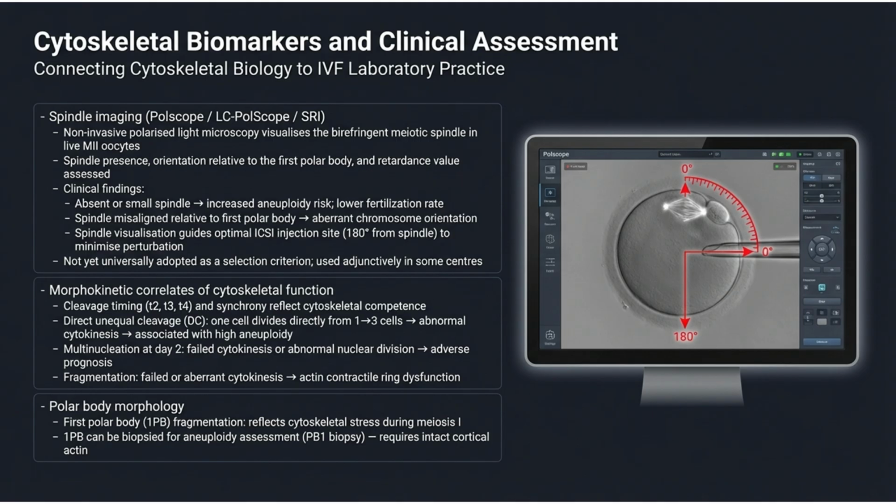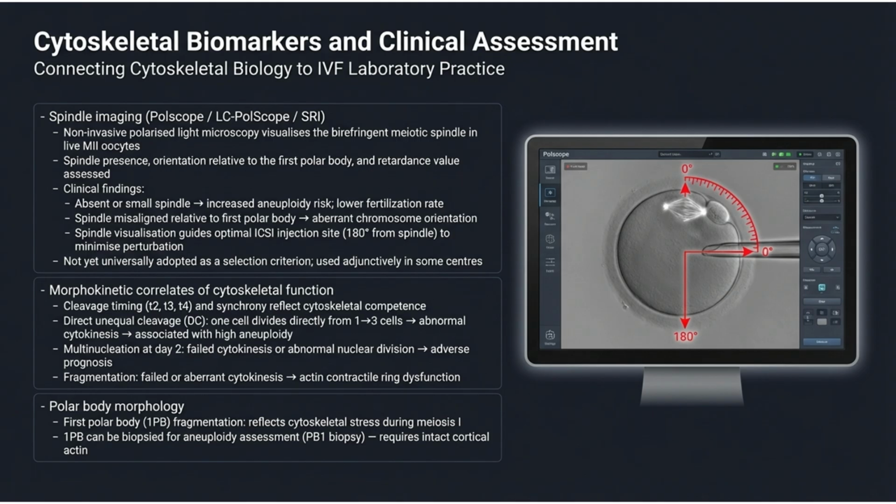We also harvest a massive amount of cytoskeletal data passively through time-lapse monitors and morphokinetics. When you are annotating an embryo, every strange abnormal division pattern you record is a direct visual readout of a specific cytoskeletal failure. For example, direct unequal cleavage, or DUC, where a single blastomere attempts to divide directly from one cell into 3 distinct cells simultaneously.